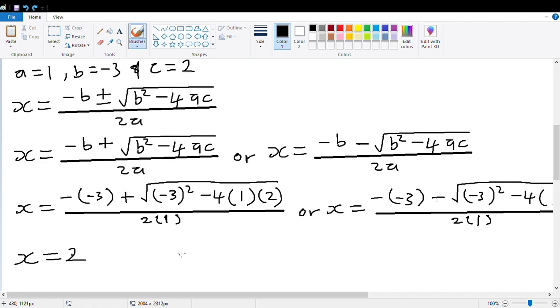So your first value, as we just said, is 2, and your other value is equals to 1. You see that? So this is the first part for quadratic equations.